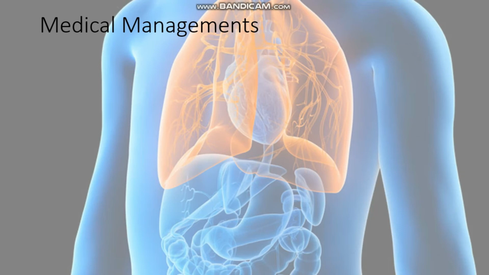Moving on to medical management of cystic fibrosis. For acute airway exacerbations, aggressive therapy involves airway clearance and antibiotics based on results of sputum cultures. Airway clearance treatments may be used 3 to 4 times per day.